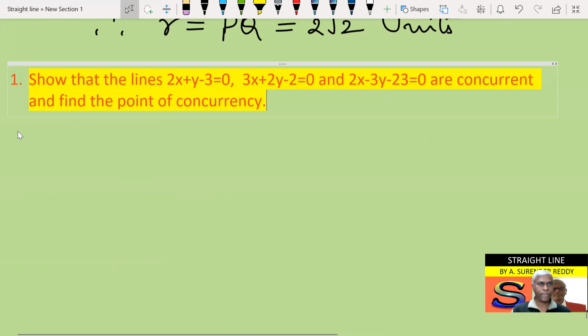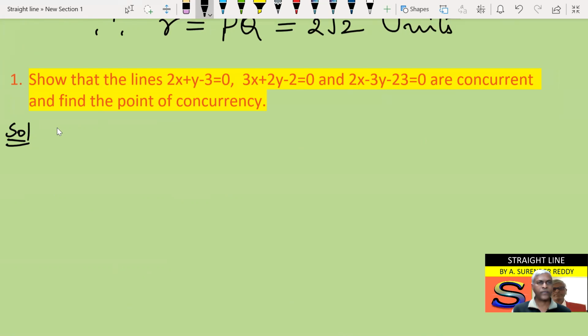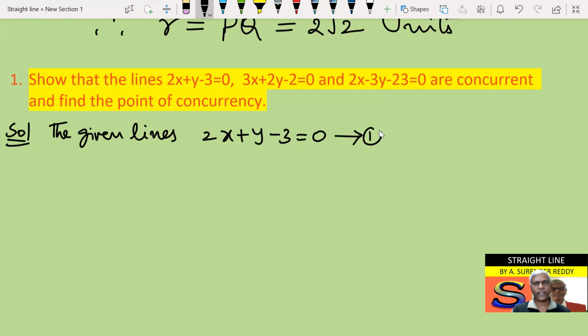Now let us take the given lines. The first one, 2x plus y minus 3 is equal to 0. Let us take it as 1.